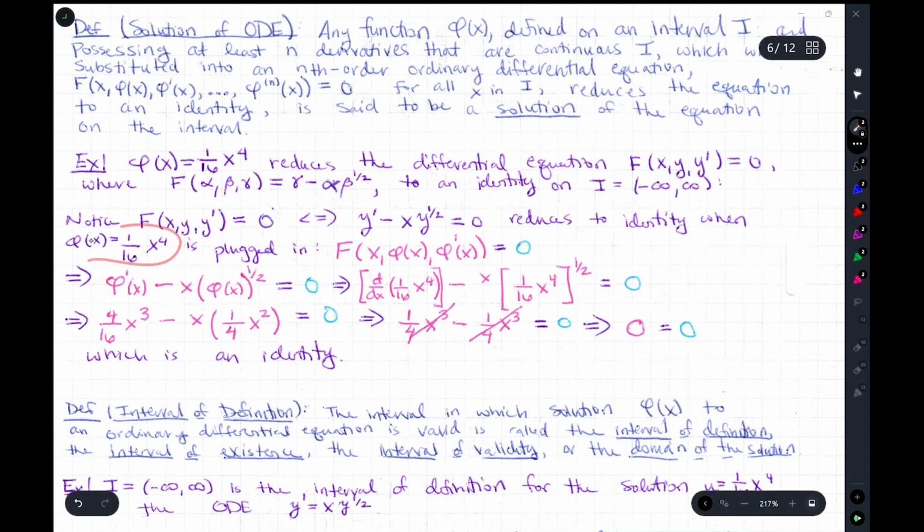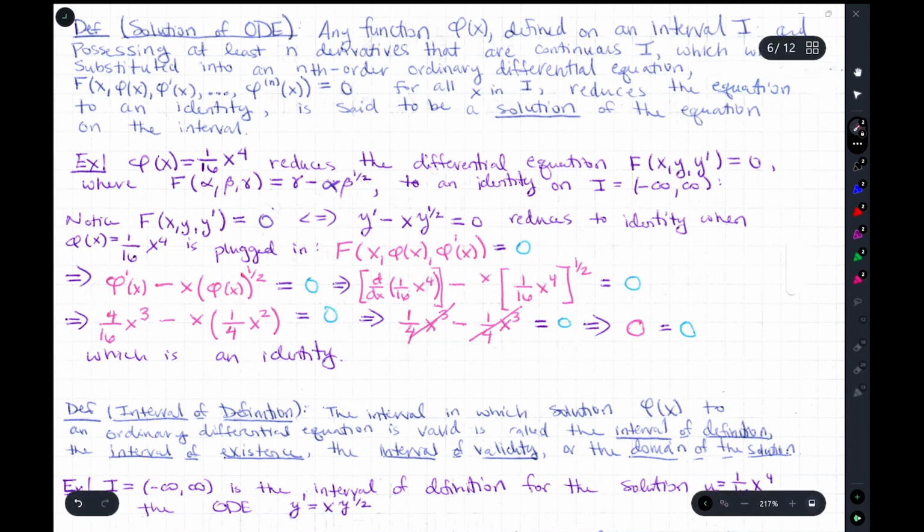We're going to plug in this solution. When we plug in this solution, so I take phi prime, on the left-hand side I'll have phi prime. I distinguish between the left-hand side in pink and the right-hand side in blue. And so here's the left-hand side in pink.